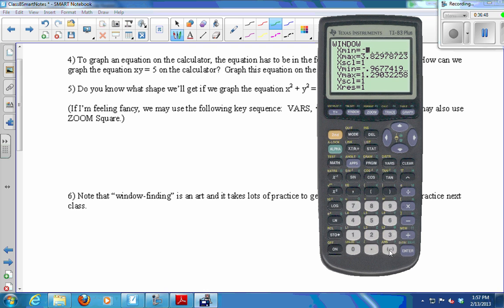I could type it in, negative 10, enter 10, enter, negative 10. But because we use this window so frequently, there's a shortcut to get this window, which is zoom option 6, which is the standard viewing window, negative 10 to 10, negative 10 to 10. And there's our graph of 5 over x.